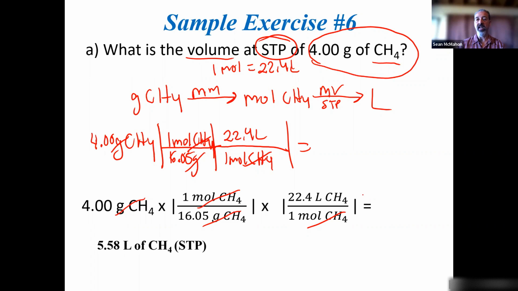And that makes sense because 4 over 16 is roughly 1/4 of a mole. So I have 1/4 of a mole of methane. 1/4 of roughly 22.4 liters is a little bit less than 6 because 1/4 of 24 would be 6, since 24 divided by 4 is 6. So this makes sense.